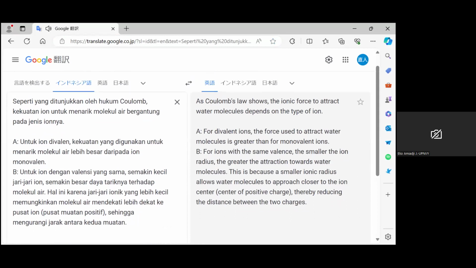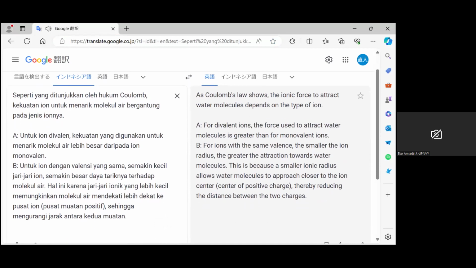As Coulomb's law shows, the ionic force to attract water molecules depends on the type of ion. A. For divalent ions, the force used to attract water molecules is greater than for monovalent ions. B. For ions with the same valence, the smaller the ion radius, the greater the attraction towards water molecules.